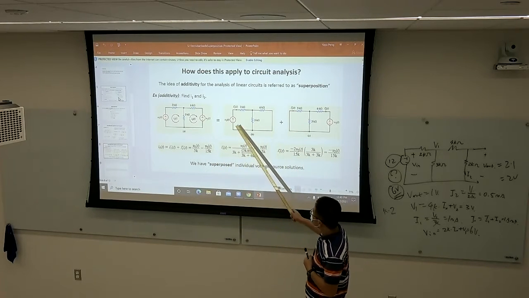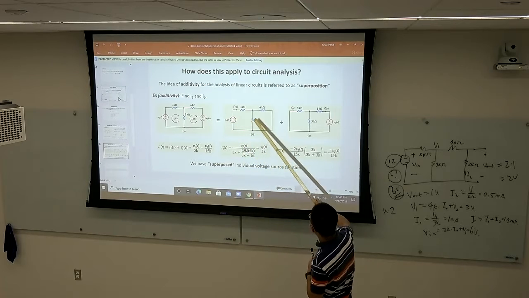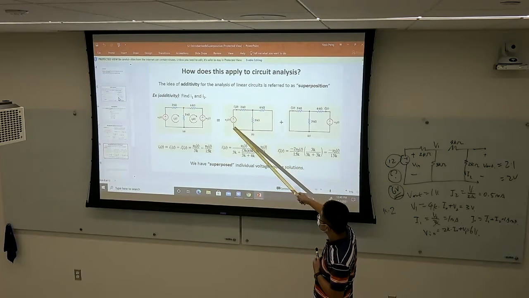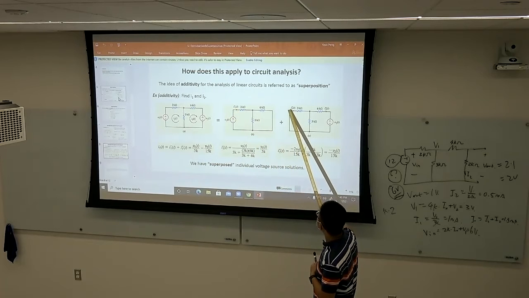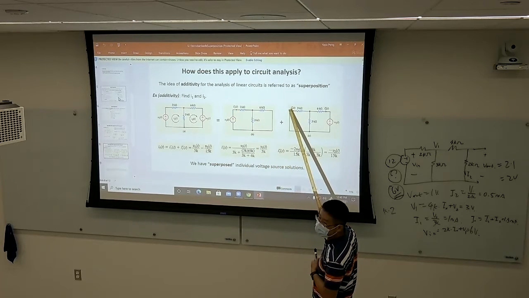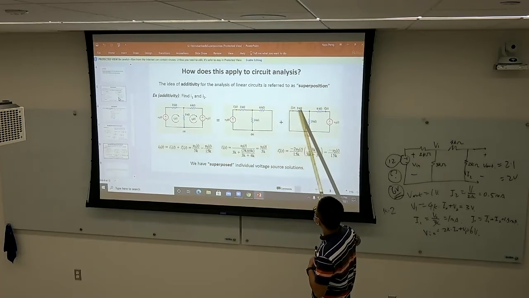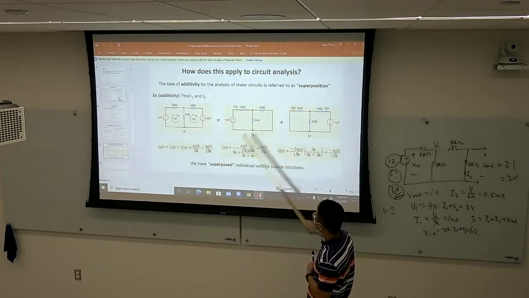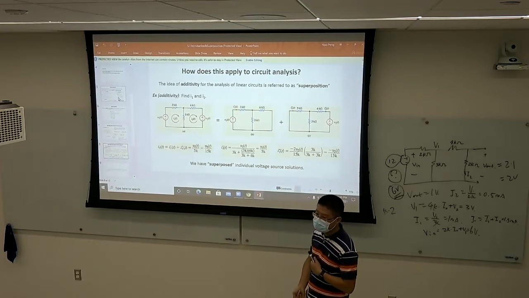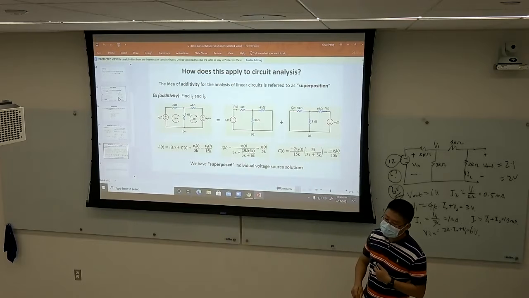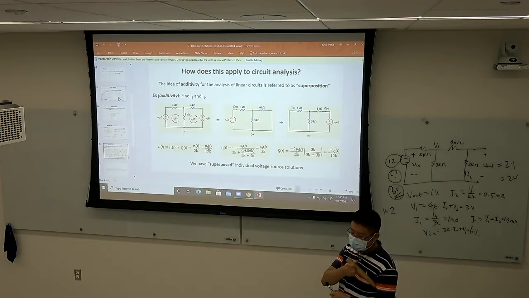For the first circuit we have current I1 prime, and for the other circuit we have I1 double prime. If we add them together, we get the total current for the original circuit. So this is the general idea of superposition. Let's take a look.